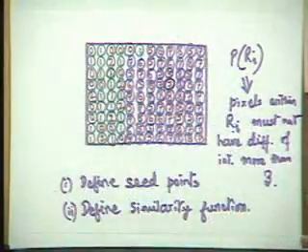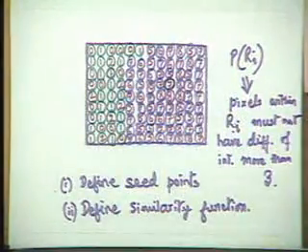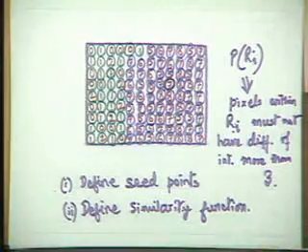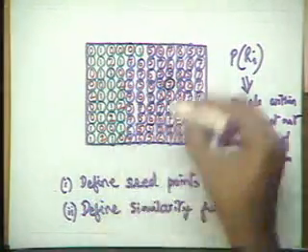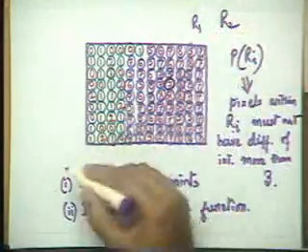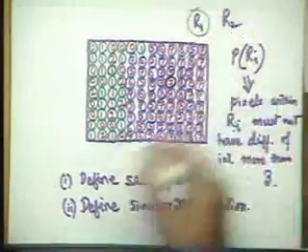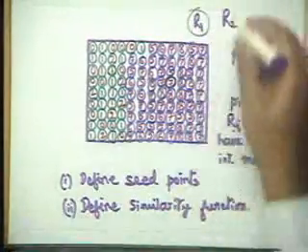So now what I have got from this image is that this entire image, which I can call R, has been divided into two regions. We call them R1 and R2. Let us call this green region R1 and the blue region R2.